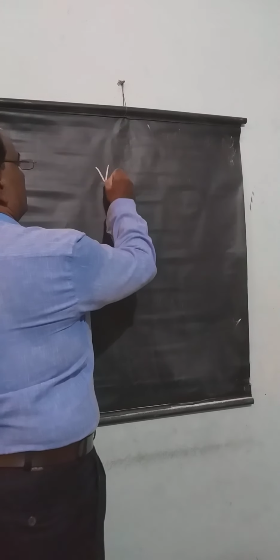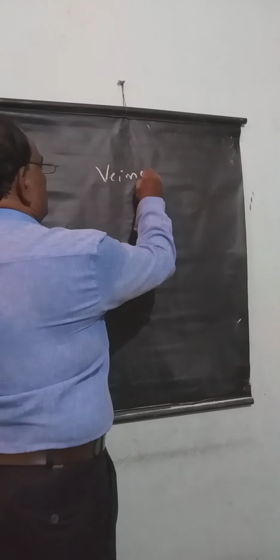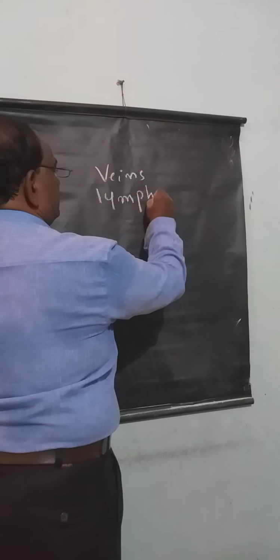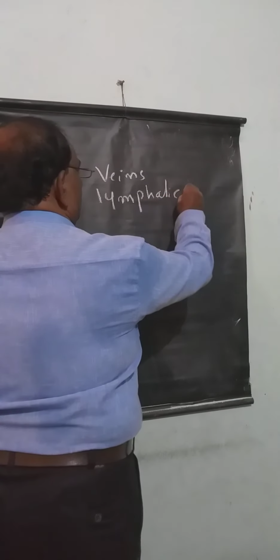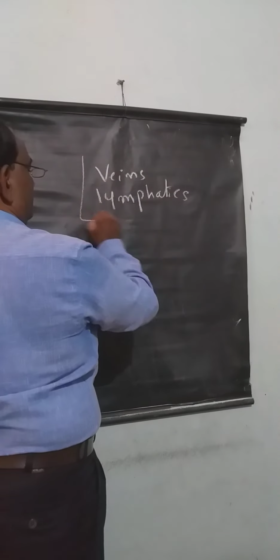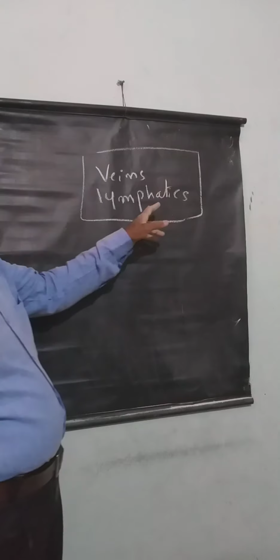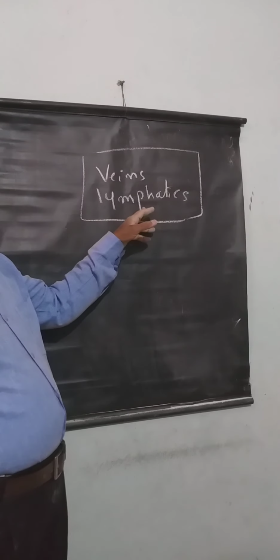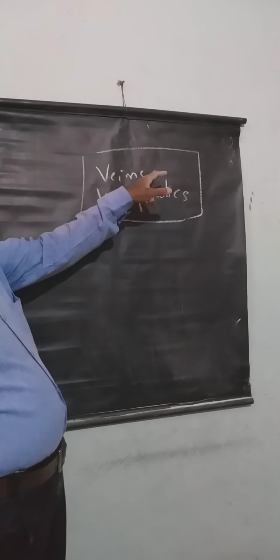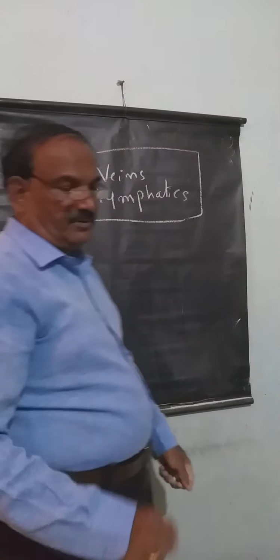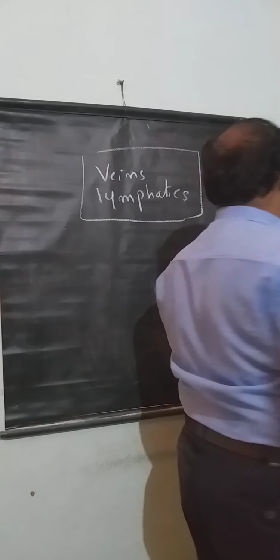That colloid will drain into the blood through the veins and lymphatics of the thyroid gland. This has to be borne in mind.